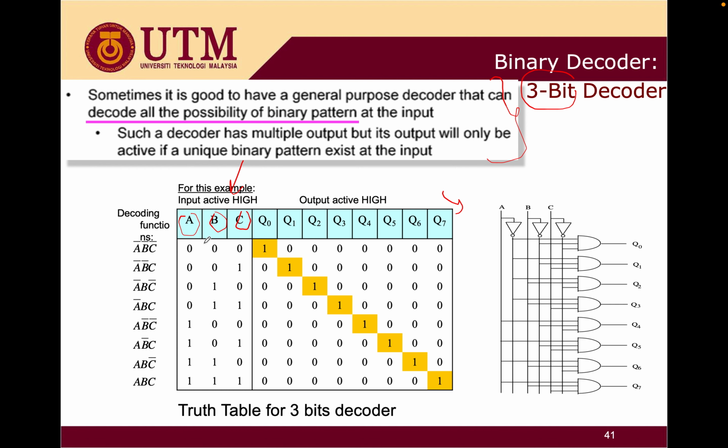You have here 0, 0, 1, and your output is active high. For active high, you're going to use AND gates to decode the function of A bar, B bar, C bar. So here you have 0, 0, 0, for number 1.